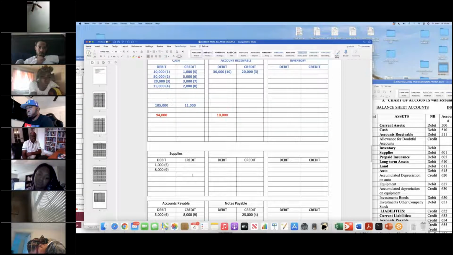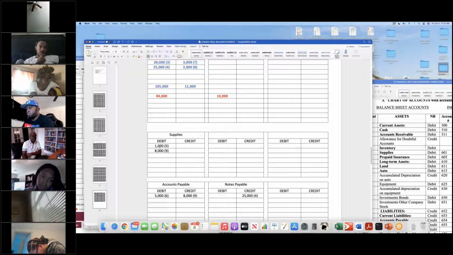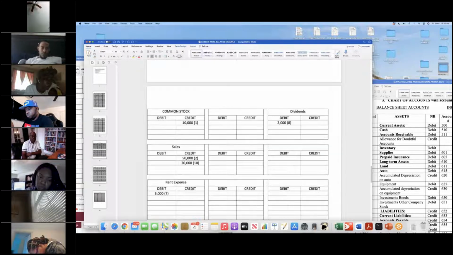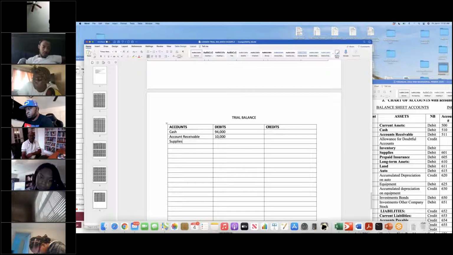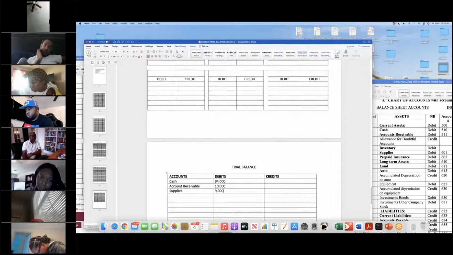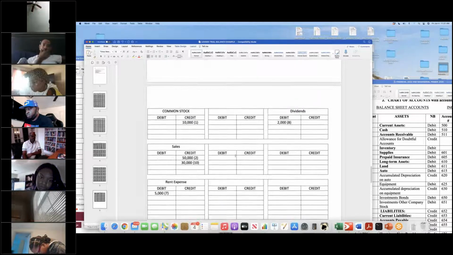We come to supplies, we only have debits, so 1 and 8 is what? $9,000. So that becomes the balance. So we can now put supplies on here. So we're listing the balances in each account. This process is a lot easier than making the journal entry because it's basically procedural.